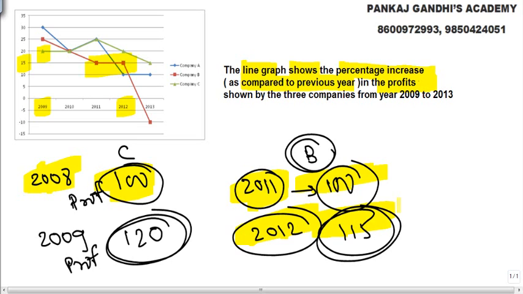Basics are more important, questions are going to be easier. First understand the basic. What is written in the basic? The line graph shows percentage increase in profit as compared to previous year. So I am explaining the meaning, don't say straight that it has decreased. The simple meaning is 10 to 11 B increased by 15%, 11 to 12 also.